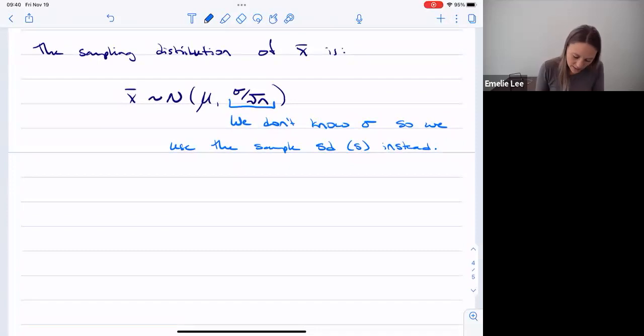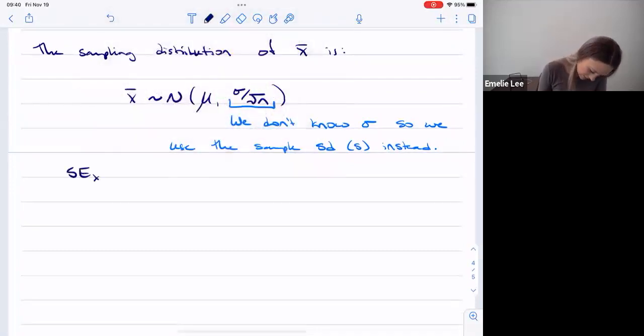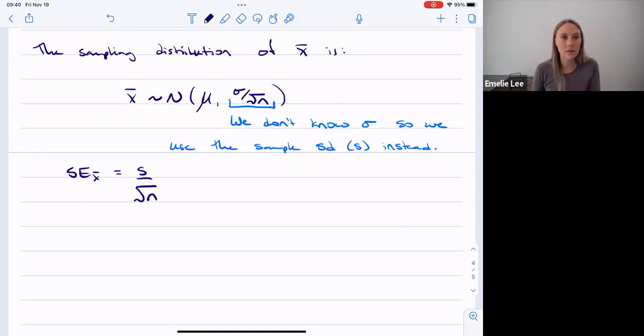So the standard error of X bar is S over root n. Okay. That's nice. That stays the same regardless of if I'm doing a hypothesis test or a confidence interval.